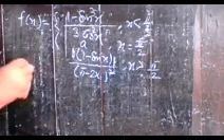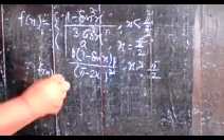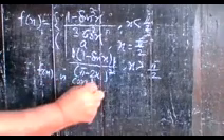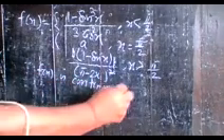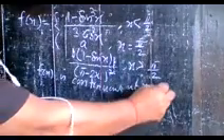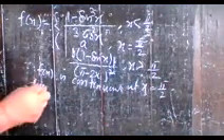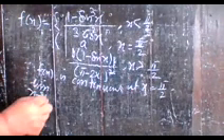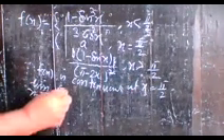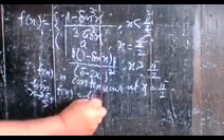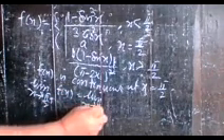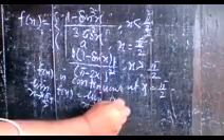So what is given here? Since f(x) is continuous at x equal to pi by 2, limit x tends to pi by 2 plus f(x) is equal to limit x tends to pi by 2 minus f(x) is equal to f of pi by 2.